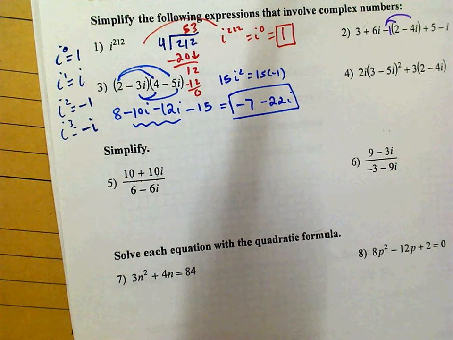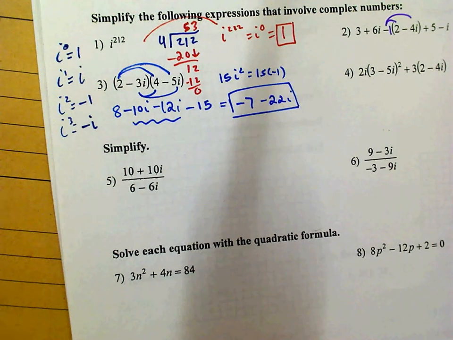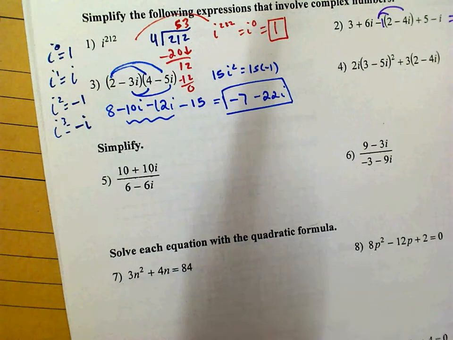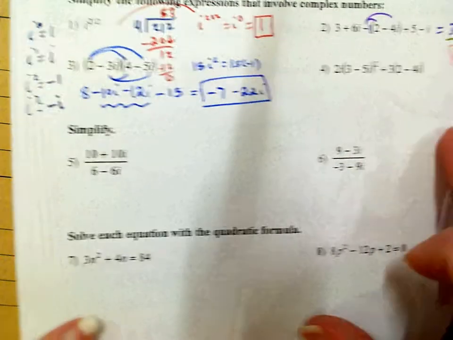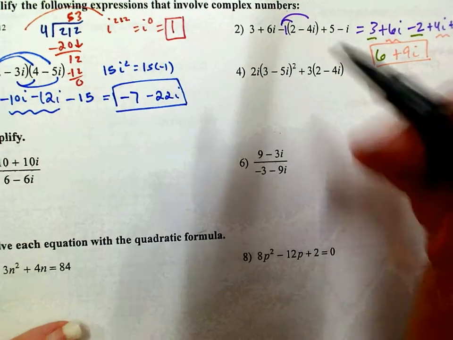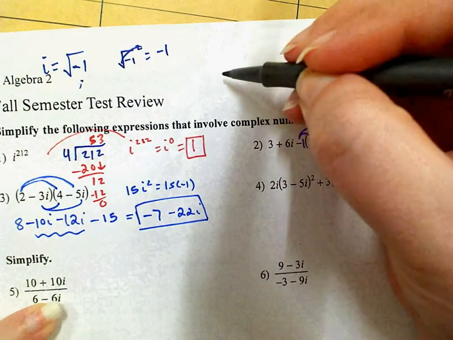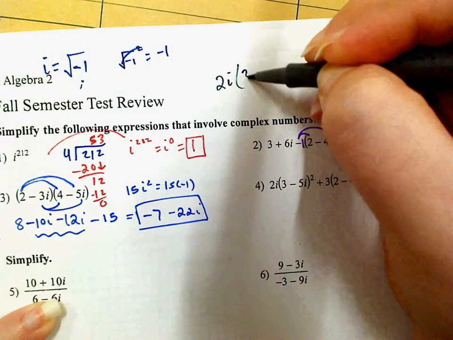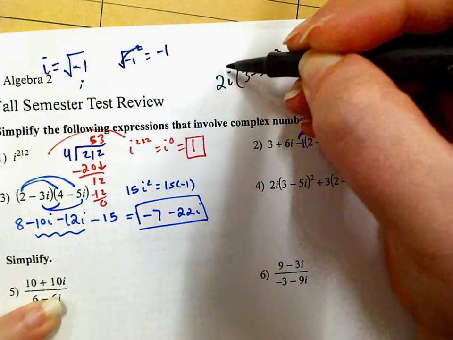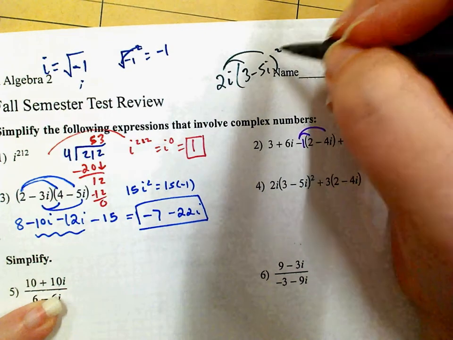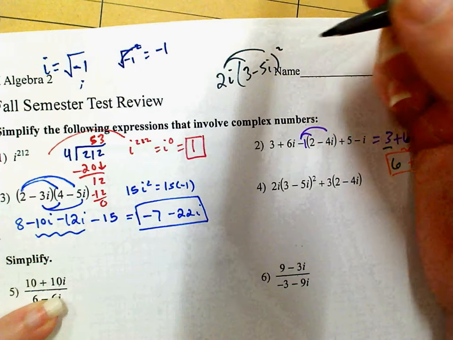Okay, on number 4. Now this says 2i times 3 minus 5i squared. I have a lot of people that will try to distribute that before they square, and you cannot do that. You have to square the term first.